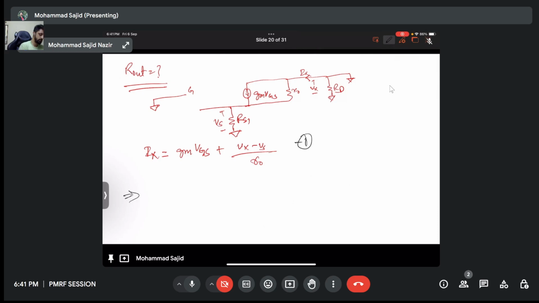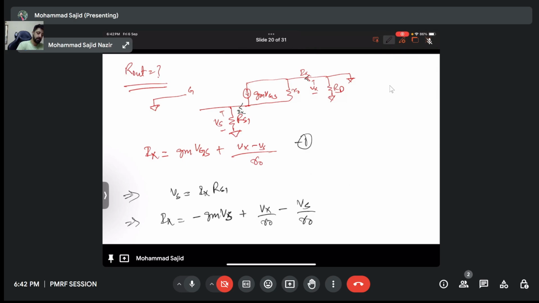So let's solve this. Here the current coming in is Ix, so the current leaving should also be Ix. So Vs is Ix Rs1. So this implies Ix equals GM Vs, because Vg is 0, plus Vx by R naught minus Vs by R naught.